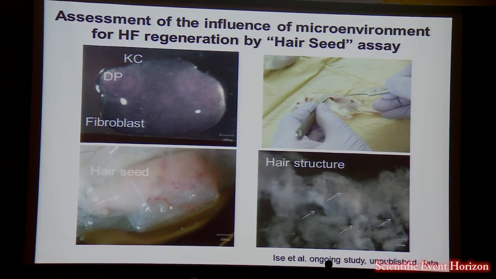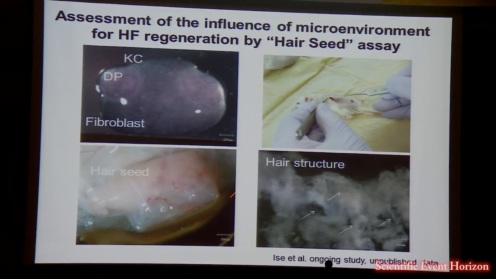So in my laboratory, we established what we call the hair seed assay, in which a very small silicone seed contains keratinocytes, dermal cells and fibroblasts and is grafted into the subcutis of immunodeficient mice, and you can get a seed structure like this.